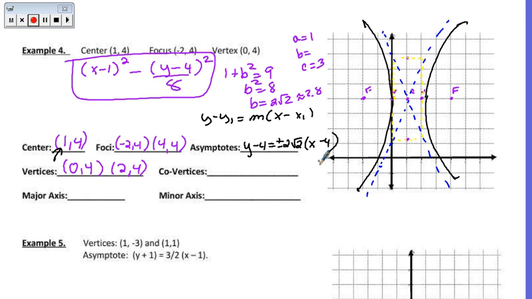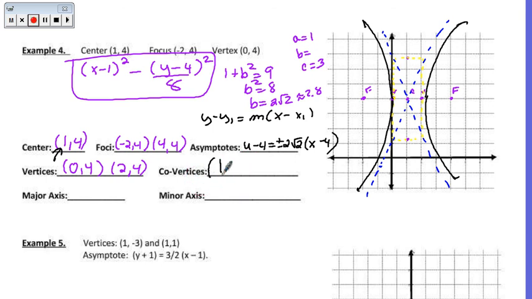Our covertices are at 1 plus minus, oh boy, 1 plus minus 2 root 2, and the y-coordinate is 4. No, I did that wrong. I apologize. We're going up and down. We need to bounce off the y.